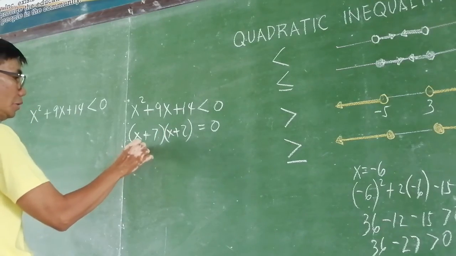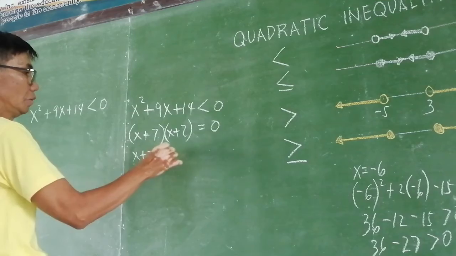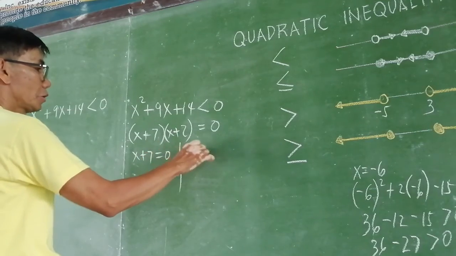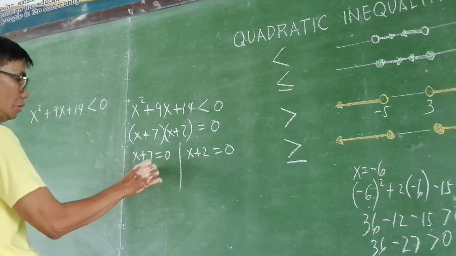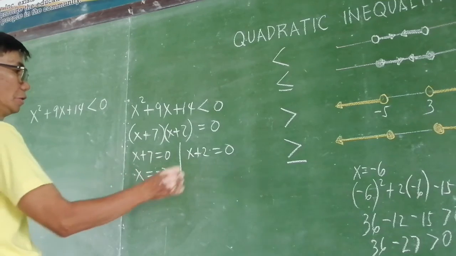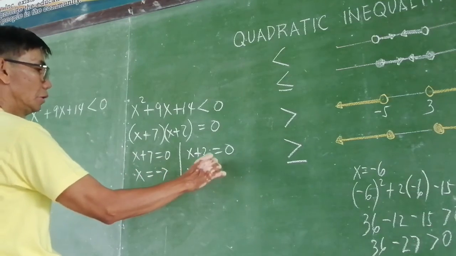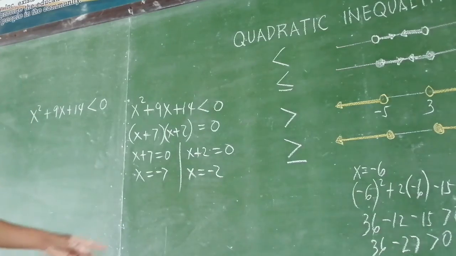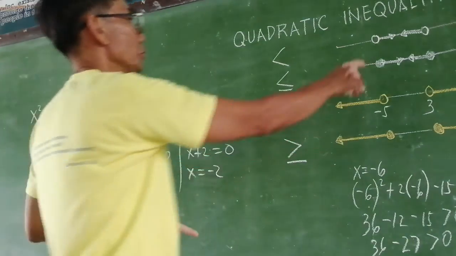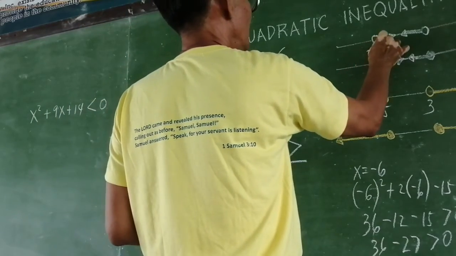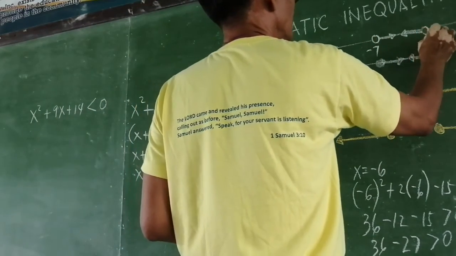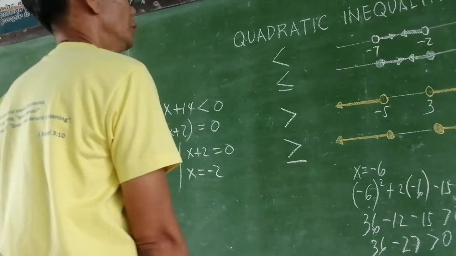So equate x plus 7 to 0, and then x plus 2 to 0. So one value of x is negative 7 and x will be equal to negative 2. So for less than, we put negative 7 here and negative 2 here.